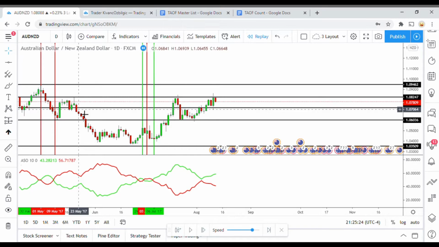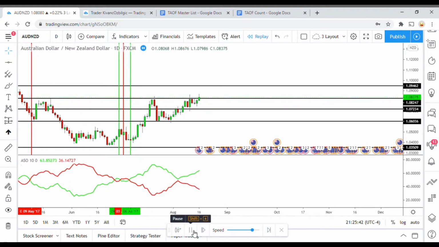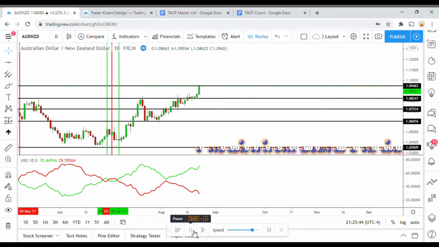Now the problem is, when that starts to happen, when you end up with all these lines, you really do start to get in scenarios to where you have so many lines, you can't really tell what price action is going to do.